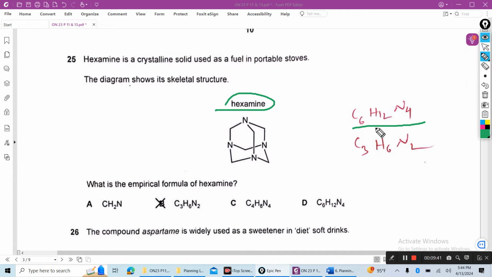If you divide by 2, C3H6N2 is the empirical formula of hexamine. So the answer is B.